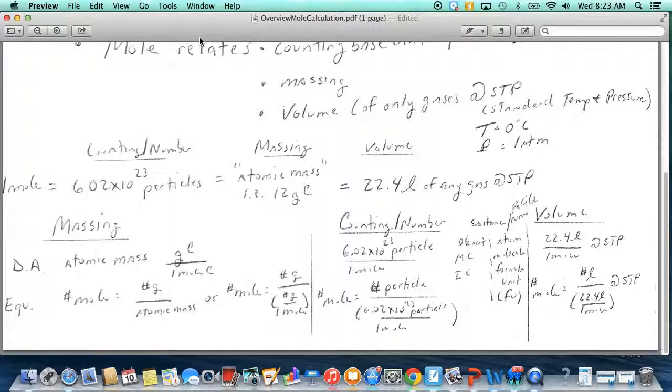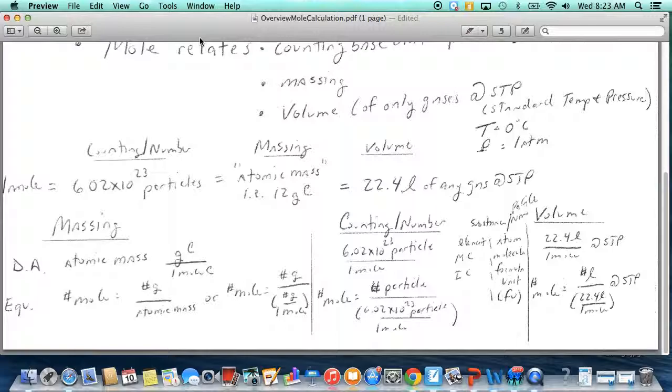When you're actually doing calculations, you have to determine what kind of substance it is. If it's an element, you replace the word particle with atom. If it's a molecular compound, you use the word molecule instead of particle. And if it's an ionic compound, you replace particles with formula units.